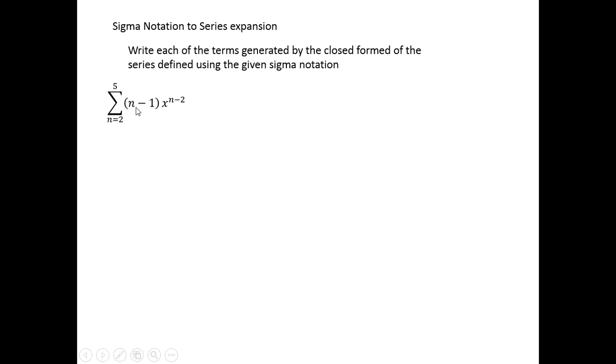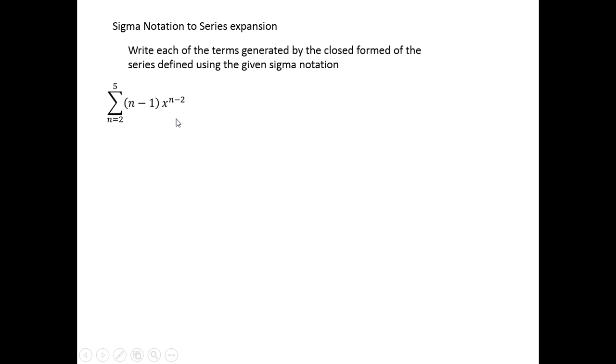So here is the sigma expression, where it's a summation of terms moving from n equals 2 to 5, identified by the function n minus 1 times x to the n minus 2.